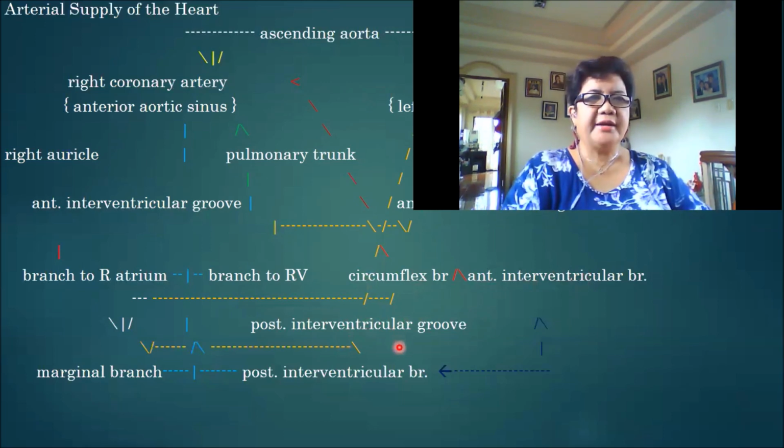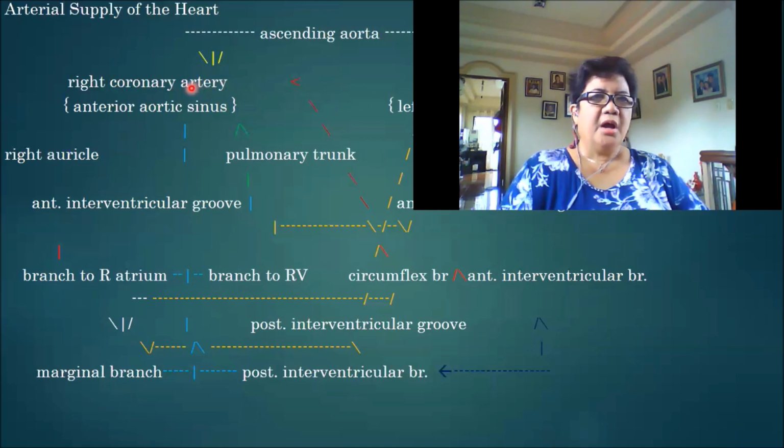Now we go to the anastomosis. There is a massive anastomosis between these two arteries and their branches. So what does it mean? It means that if ever there is a block, there will be other options for the heart to go, although they are of different sizes.